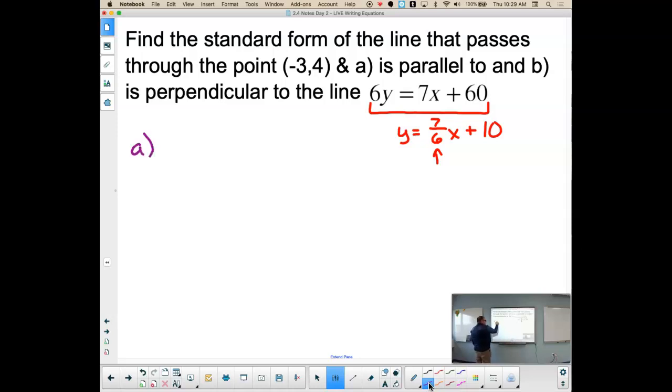So our parallel slope is going to be m equals 7/6. Point slope form says y minus 4 equals 7/6 times the quantity x plus 3.